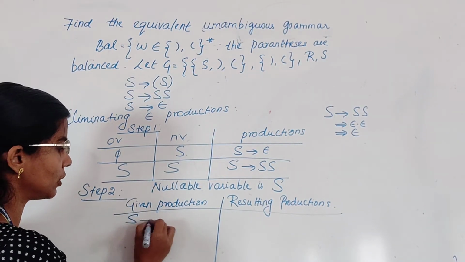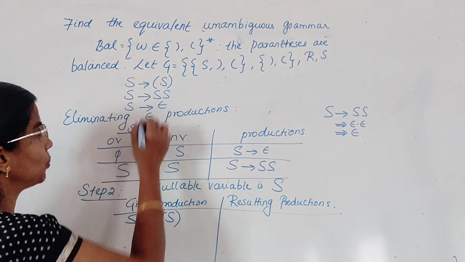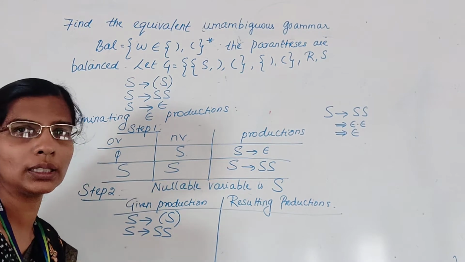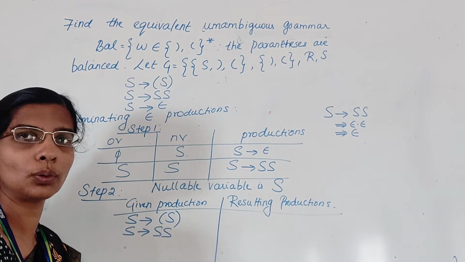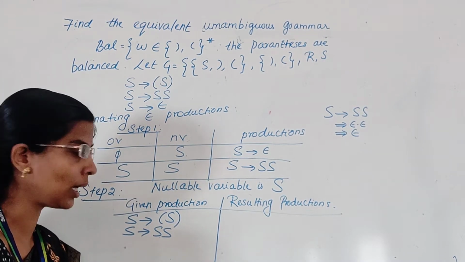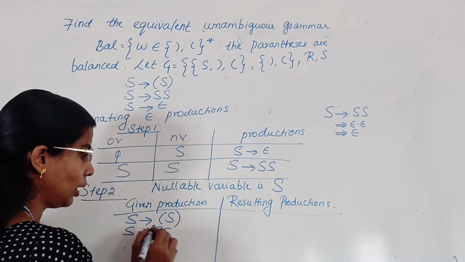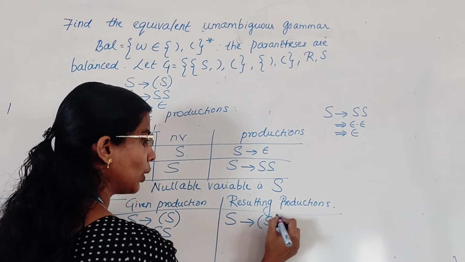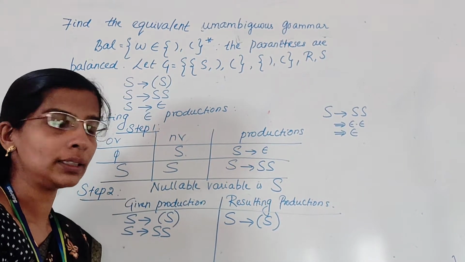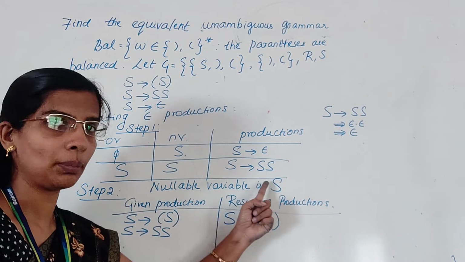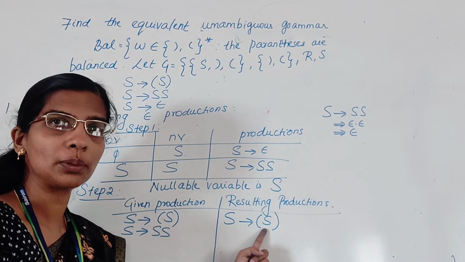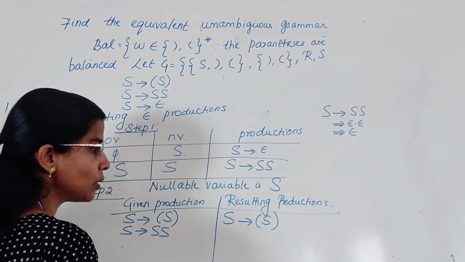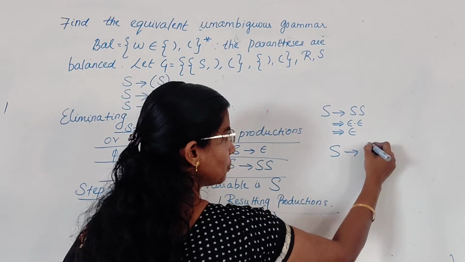So the first production, S tends to the bracket pair, the second is S tends to SS, and the third production is S tends to epsilon. No need to include it because we are eliminating our epsilon production. In resulting productions, whatever production is given, you have to write as it is. And in step 1, I got the nullable variable is S. So you have to substitute null for this S.